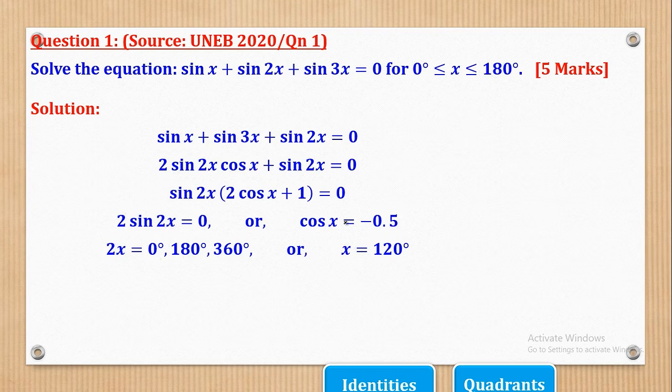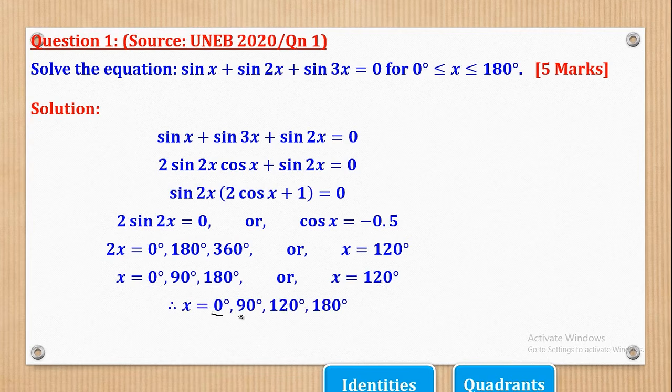Then for cos x equal to negative 0.5, x will be 120. Then for this side, when I divide throughout by 2, I come up with 0, 90 and 180. Then this side will be 120. Therefore we shall list: 0, 90, 120 and 180. So those are the angles they wanted.